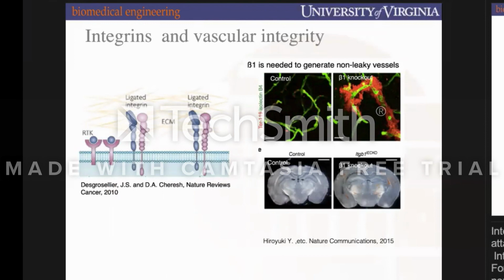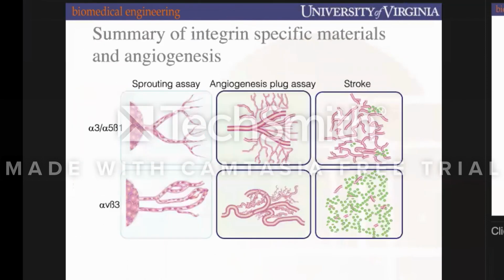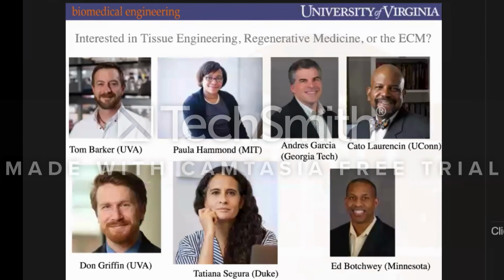So there are lots of different ways that you could look at this, but there is an incredible group of people across the country that use the ECM for regenerative medicine and tissue engineering. My postdoc advisor is Tom Barker. Don Griffin uses incredible biomaterials that mimic the structure of the ECM and the porosity of it to promote angiogenesis and tissue engineering or tissue regeneration.